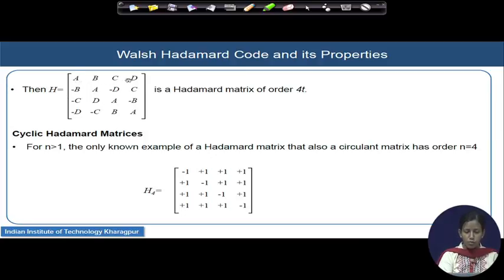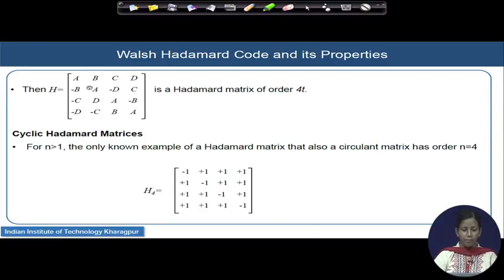The first row consists of those T cross T symmetric matrices. The second row will be taken as minus B, then A, minus D, C. The third construction will be like this. Fundamentally, A, B, C, D are T cross T symmetric matrices, with transposes, and you are constructing the fundamental matrix by shifting it as well as taking the transpose.